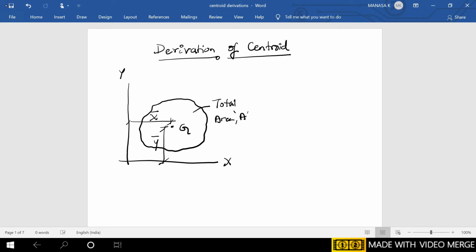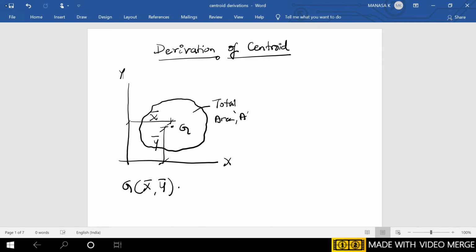So this is an irregular lamina whose centroid is G, which has a coordinate of X bar and Y bar as per the axis of reference.